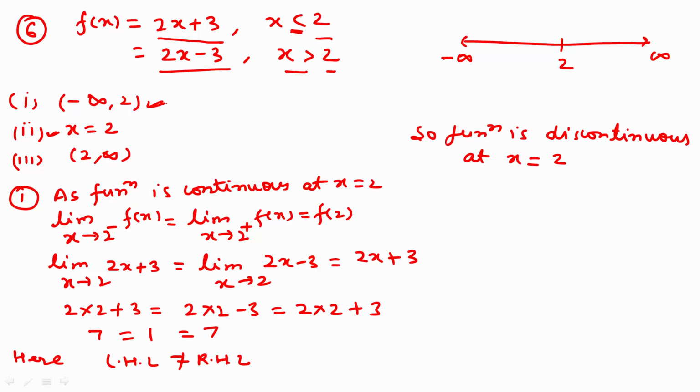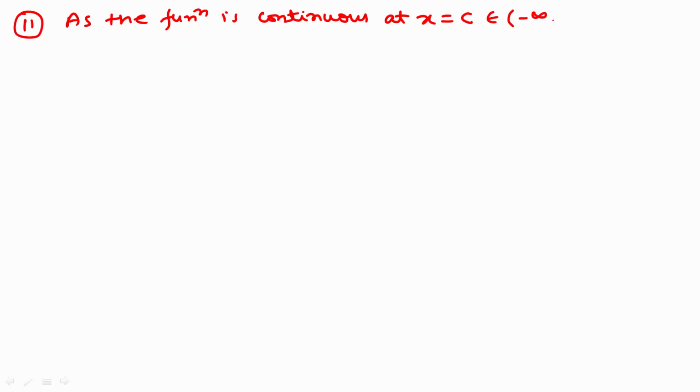So again, let as the function is continuous, case number two, as the function is continuous at x is equal to c belongs to minus infinity to 2. So limit x tends to c, f(x) is equal to f of c.